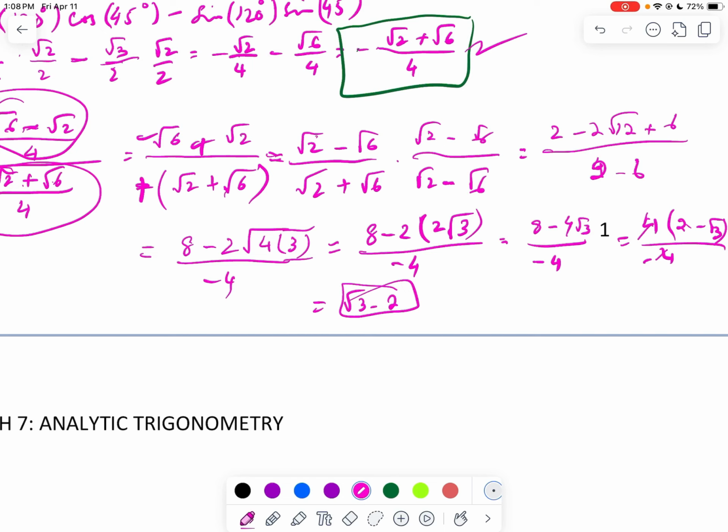So that I can write my expression as square root of 2 minus square root of 6 over square root of 2 plus square root of 6. Now the question is, should we go further or should we leave it here? Well, it depends on what the question requires. In this case, if you leave it here, I think it's fine.